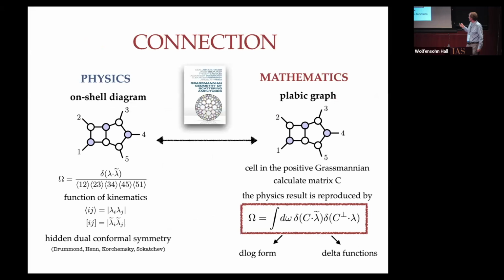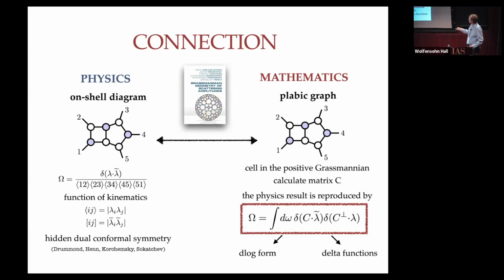Okay, so this was in physics. These on-shell diagrams correspond to some information about amplitudes, and they are some functions of kinematics. For this diagram, this would be the function where these brackets in the denominator correspond to some 2x2 determinants of these lambda spinors in this case. And on the mathematical side, we have this connection of these Plabic graphs to the cells of the positive Grassmannian. Now, this is not all. If it was just this, it would be just a connection between graphs.